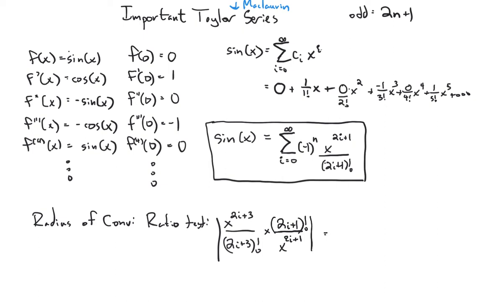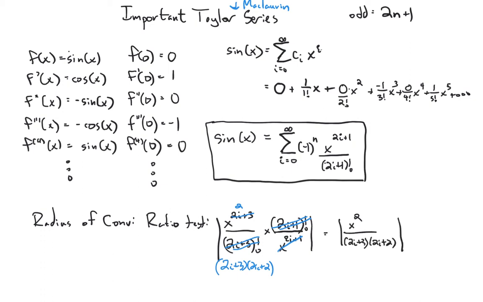And if we simplify that, we have 2 x's survive. All of these go with almost all of these, but there are 2 left over. And this gets canceled out with everything but the 2i plus 3 and the 2i plus 2. So we get 2i plus 3 times 2i plus 2.